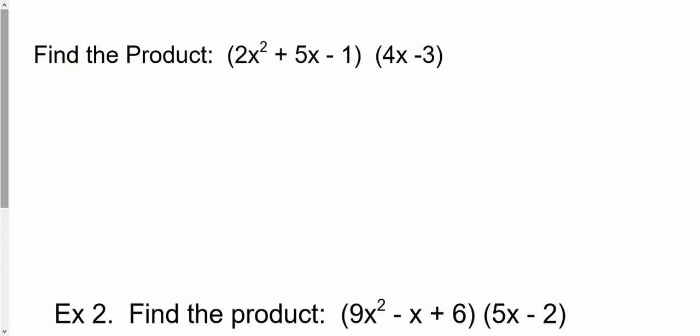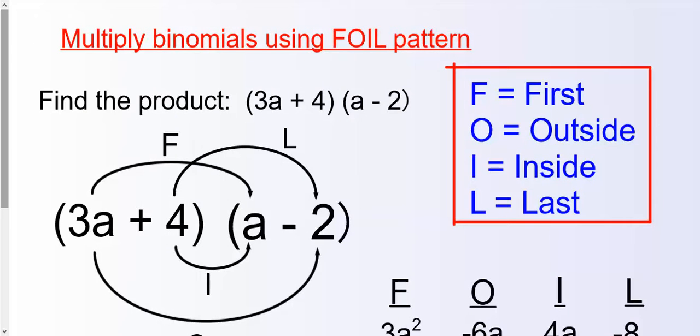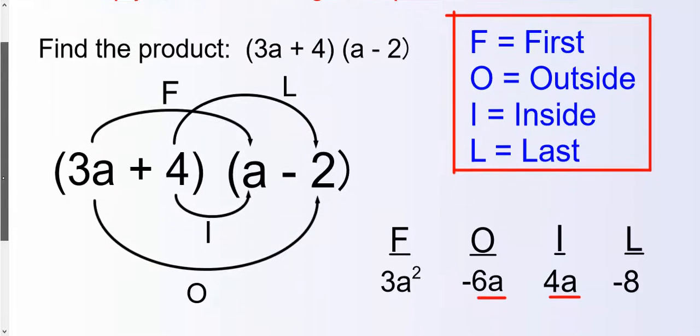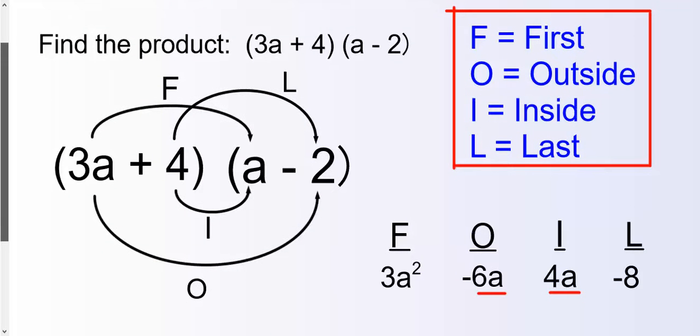I'm going to show you guys using, there's a method called FOIL, and it looks like a disaster. Here's FOIL. Front, outside, inside, last. Or first, outside, inside, last. Your call, front or first. You're going to multiply the two first numbers. So 3a times a is 3a squared. Then you're going to multiply the outside numbers. Here are the outside numbers right there.